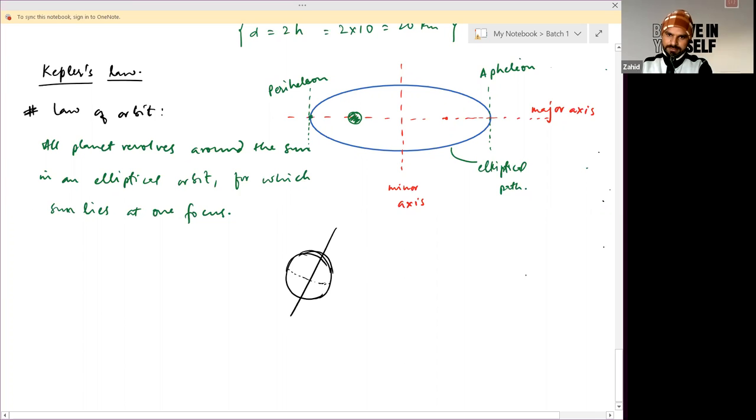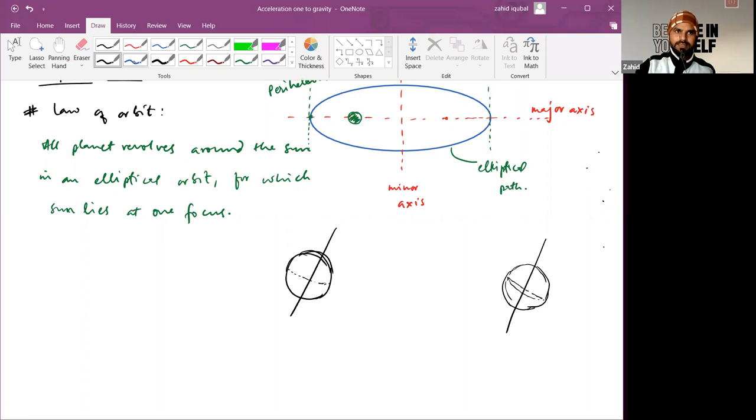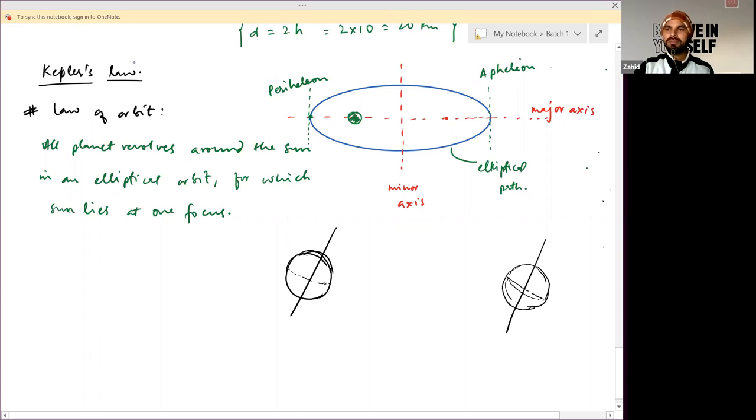And at aphelion, it will be like this, so the southern half of Earth will be facing towards the sun. That's why summer in Australia and New Zealand is different from summer in India or northern countries.